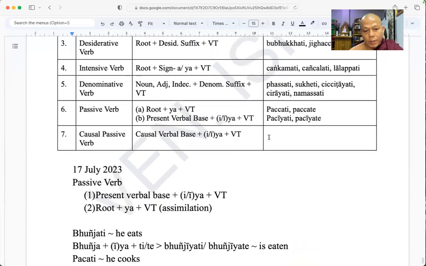That is fine. Here, pāciyati, or maybe pāciyate, is a bit different. Here the lengthening, the result of the causative suffix, can be seen in that form.